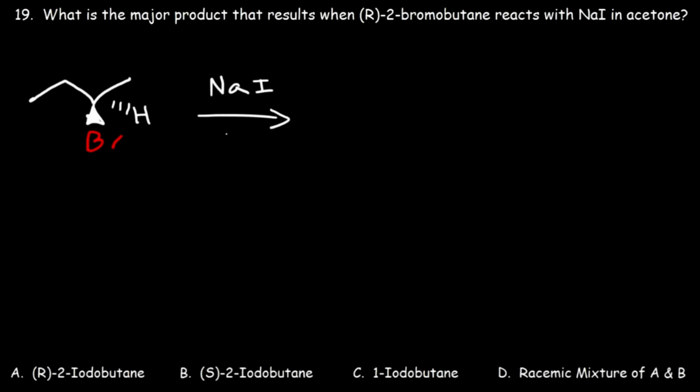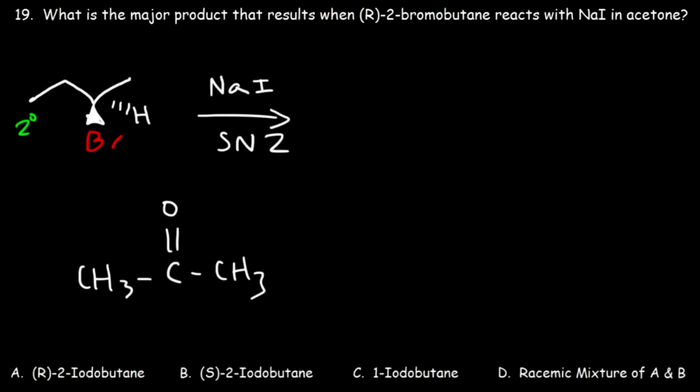This particular reaction is an SN2 reaction. We have a secondary alkyl halide, and sodium iodide, the iodide part, is a good nucleophile, and acetone is a polar aprotic solvent. Aprotic solvents do not have any OH or NH groups, and they work well for SN2 reactions.